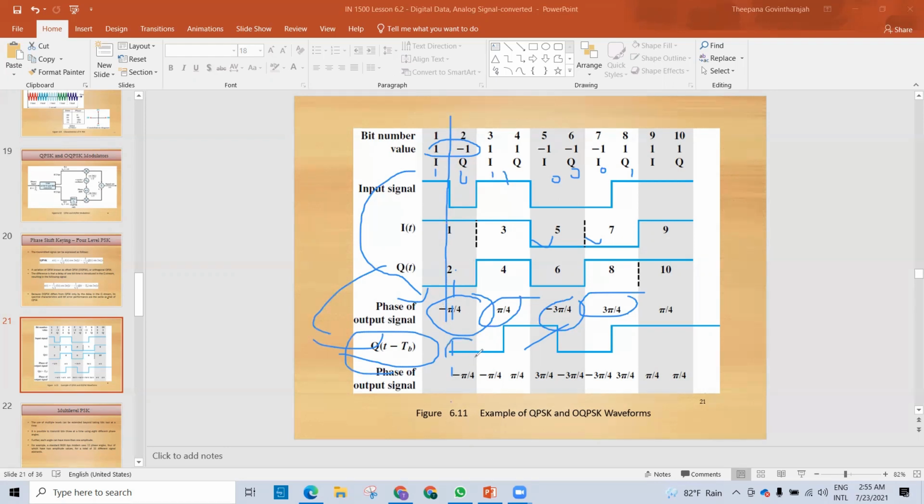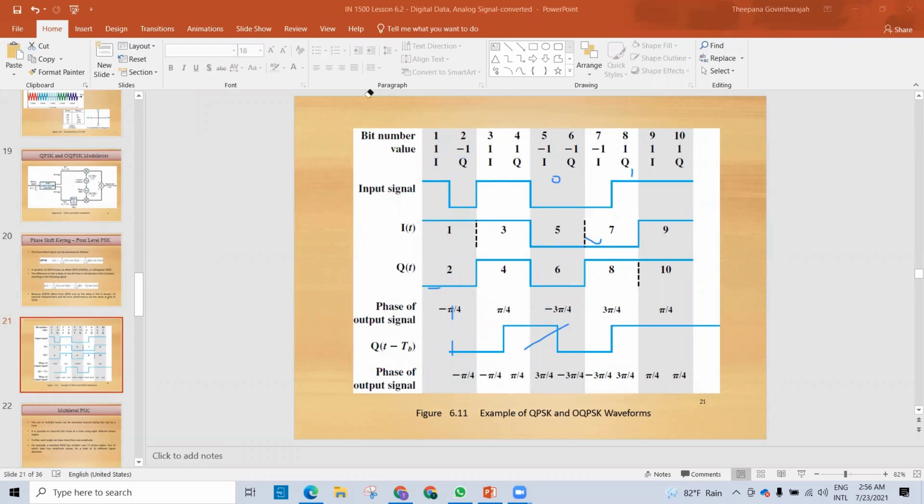So TB is half of the signal time. As you can see, everything will be shifted forward by half of the signal. And as the resultant of these two, OQPSK produces the output.